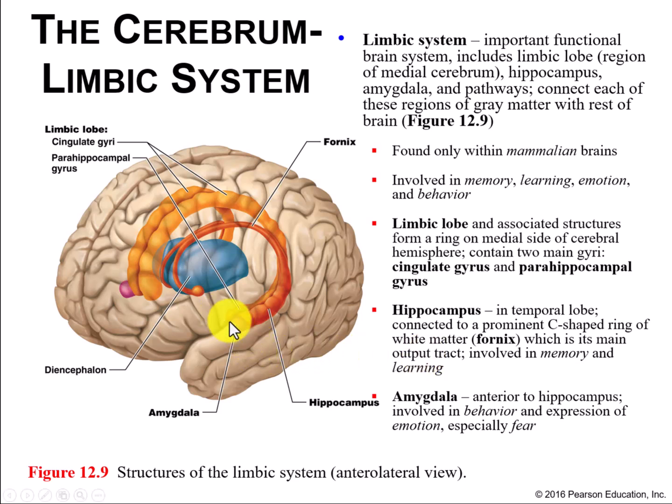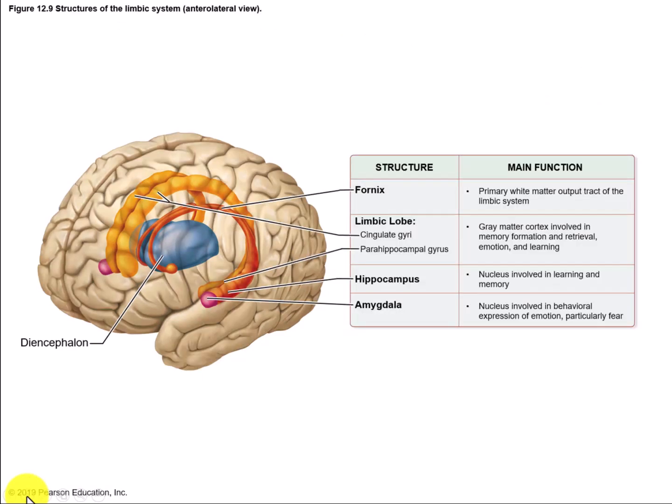And then last but not least, this little pink area at the very end is called the amygdala. And it is involved in behavior and emotion, especially fear. So the amygdala, it always takes me a minute to get it out. The amygdala. And so this is our limbic system that works in coordination with the central nervous system to carry out its functions.